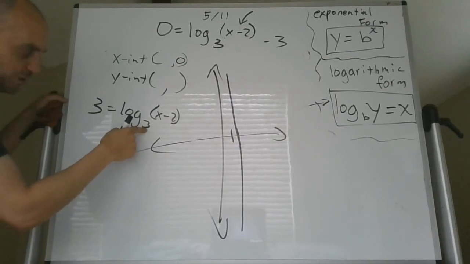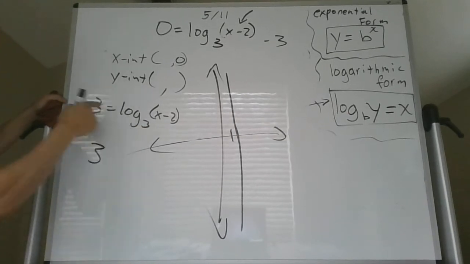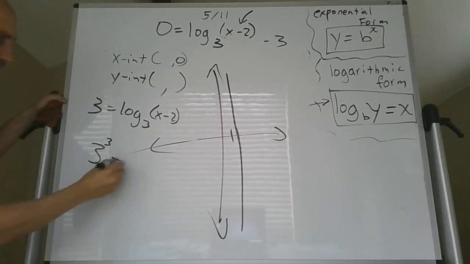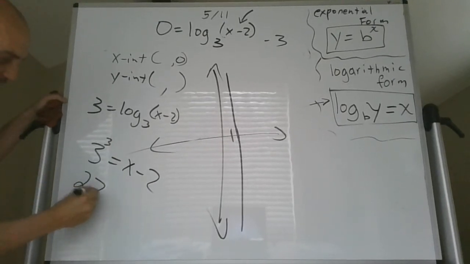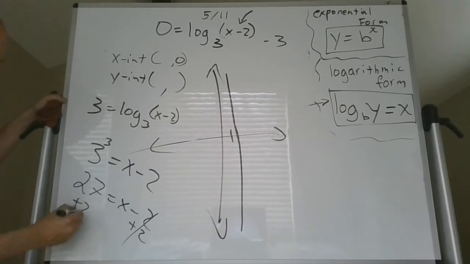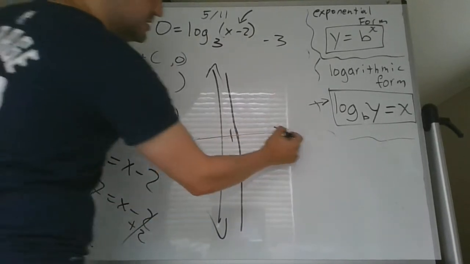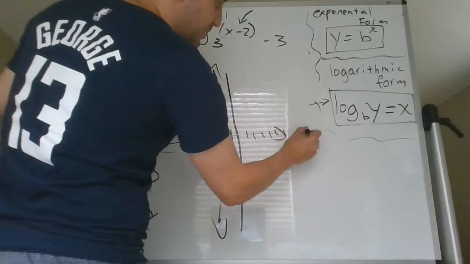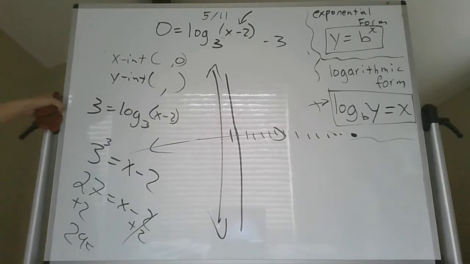Basically, that means 3 to the power of 3 equals x minus 2. 3 to the power of 3 is 27. Plus 2, 29. The x-intercept is all the way to 29. It's going to be something like that. All the way there at 29. I can't reach it. Let's try y-intercept.